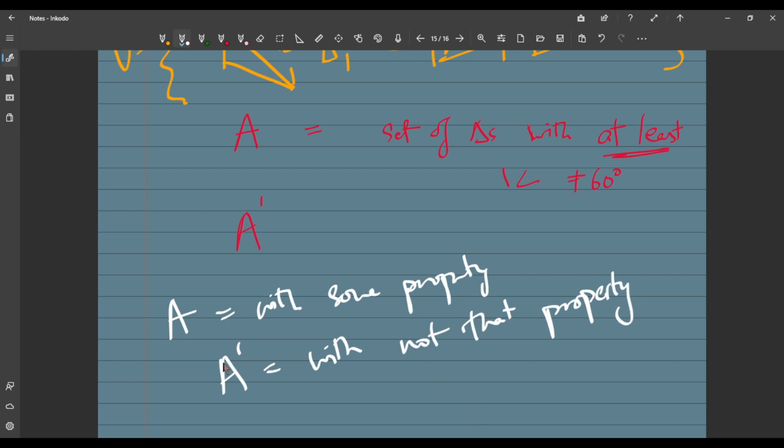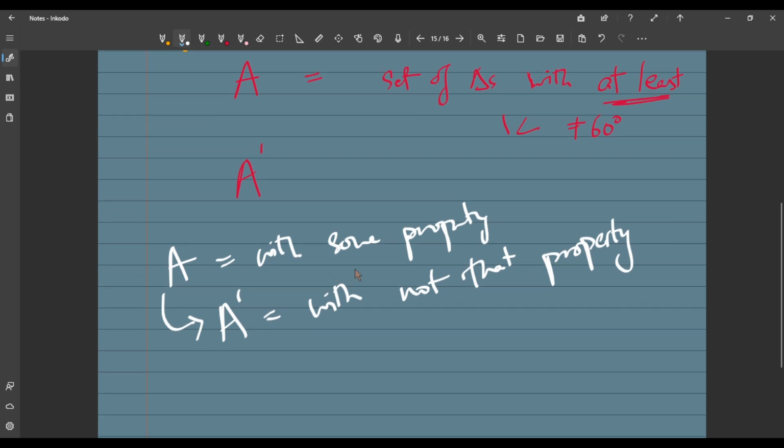Because A complement is whatever that is not contained in A, so it will be all the elements which do not satisfy that property. So doesn't this look awfully familiar to us? Because this is just what we are used to doing in negations of a statement. So given any statement S, we negate it by saying it is not the case that S happens. So it's the opposite case for S.